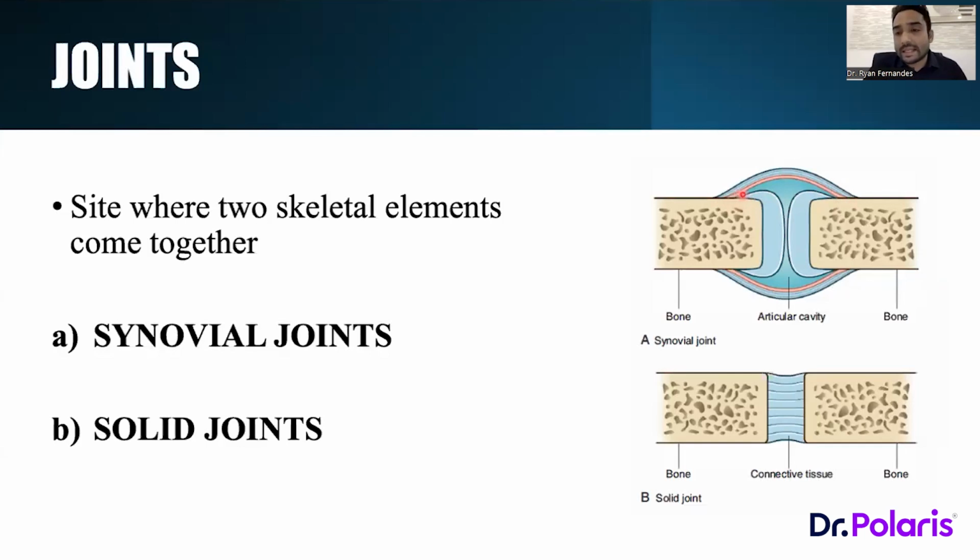Now the inner layer, the synovial membrane, secretes fluid, and this fluid is secreted into the joint cavity, into the articular cavity, and that is why this articular cavity is filled with fluid. And this fluid not only avoids friction along with the hyaline cartilage, it avoids friction between the two bones, it also nourishes the cartilage and provides nutrition to the cartilage.